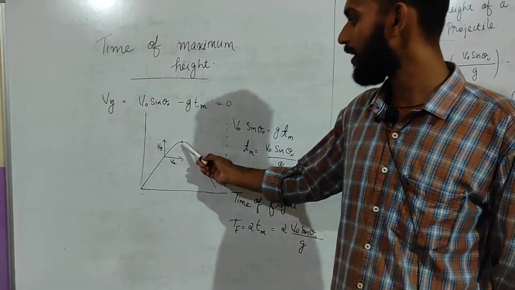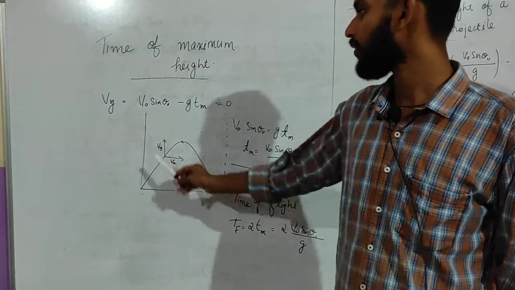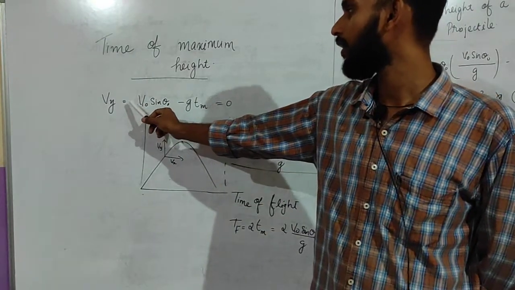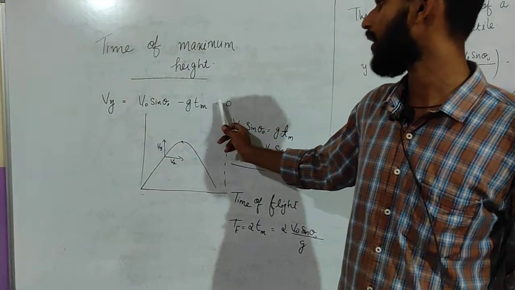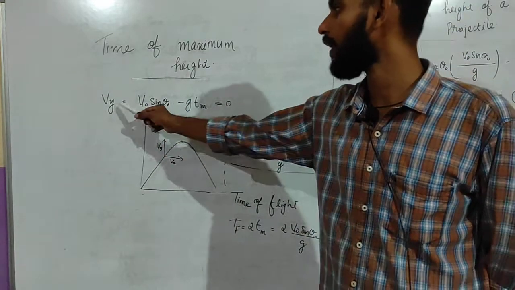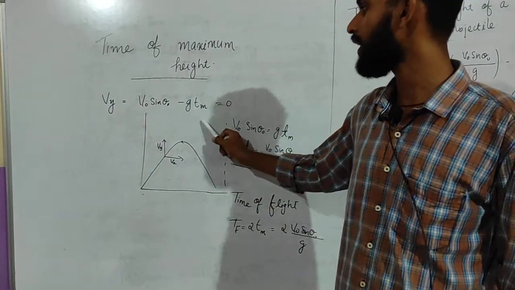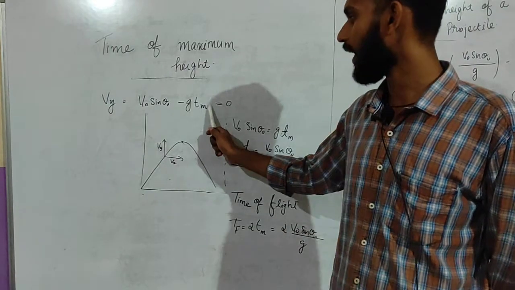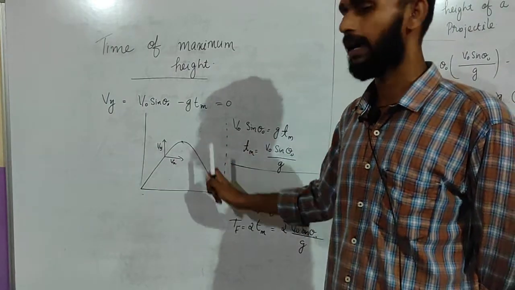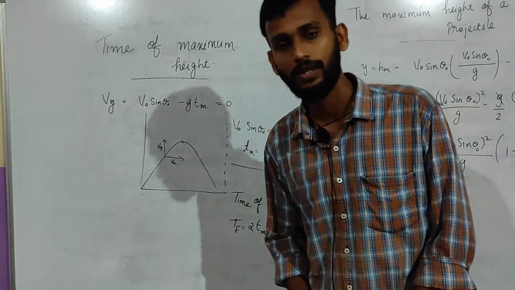So you can substitute Vy is equal to V0 sin theta 0 minus g Tm equal to 0. Tm is the time to reach the maximum height, and at maximum height the vertical component of the velocity will be 0.